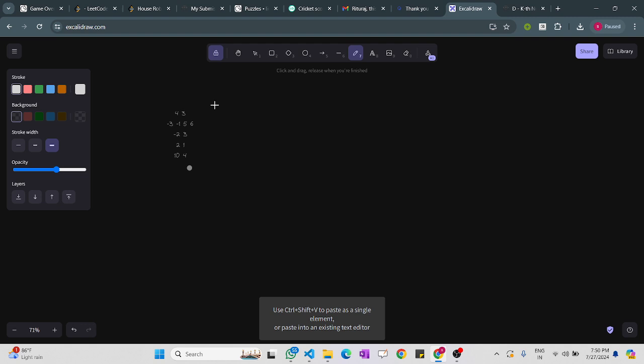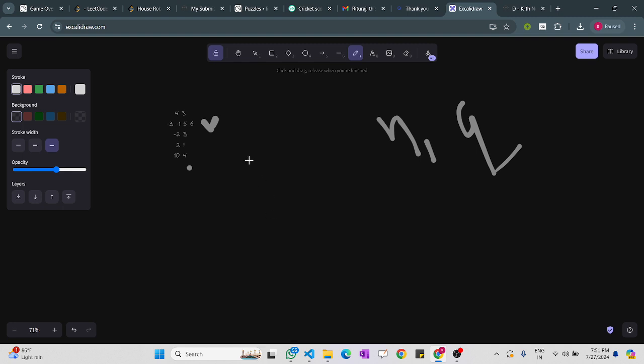You have been given n and q, that is 4 and 3 in this case, and then one vector v of size n, that is -3, -1, 5 and 6 of size 4. Then you have been given another vector, -2, 2 and 10, which you can consider as a vector v1 of size q, where q is 3, and then 3, 1, 4, which you can consider as v2 of size 3, right?